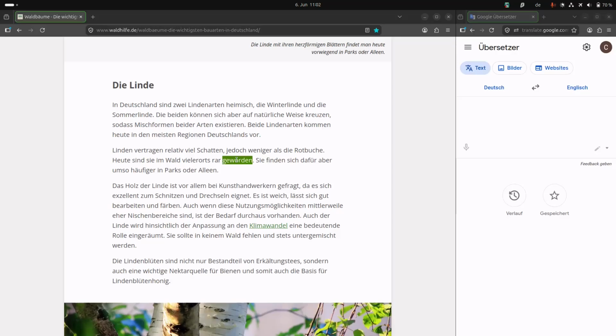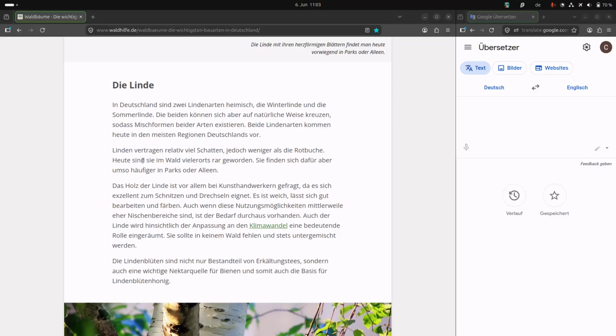I'm just saying that the form of ge- can very much be used either in passive form or in a past form, like the second past form. Ist gefragt, or in this case sind geworden, ist gefragt. In this case it's passive.